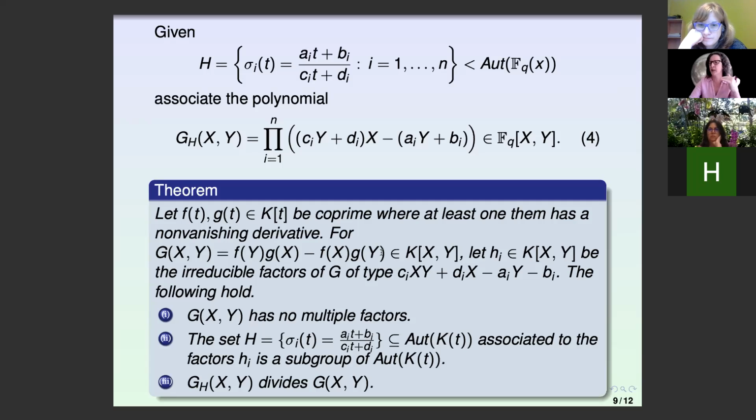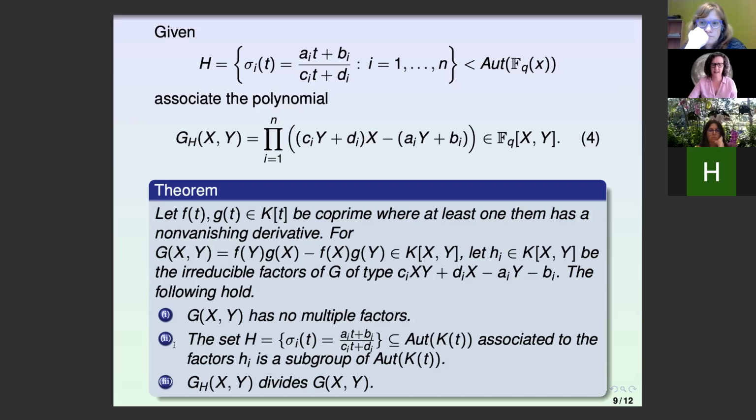This is the curve we had in the beginning. Now you look at the irreducible factors of this curve that are conics or lines. And then something very nice happens.